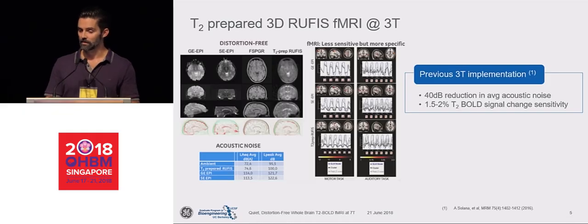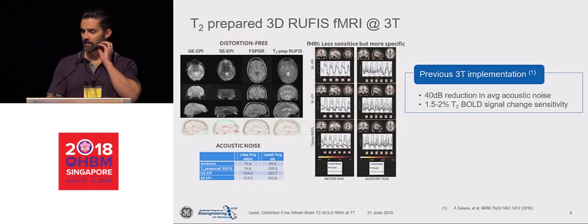Now looking down at the acoustic noise table on the bottom left, we can see that the ambient room noise of the scanner room is about 72 dB, and the EPI-based sequences are roughly 40 to 42 dB higher than that. However, the RUFIS-based sequence is only 2 dB higher than the ambient room scanner noise, which means it's achieved a 40 dB reduction in acoustic noise in comparison to EPI.